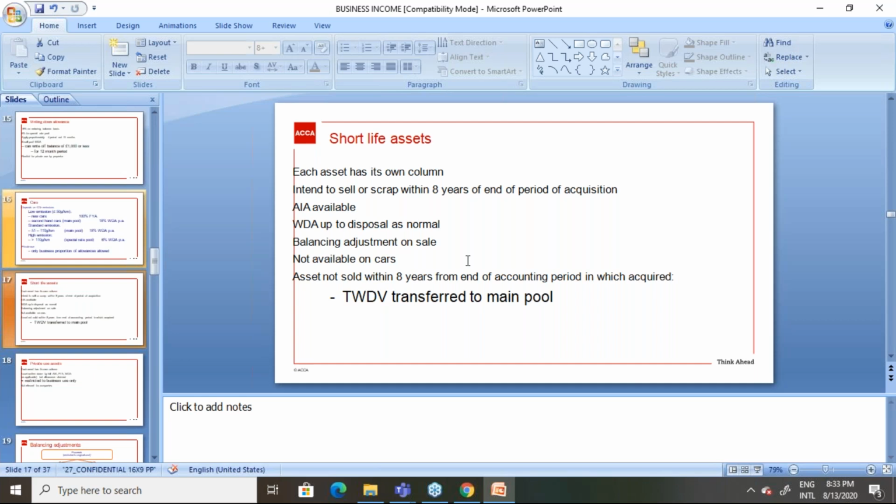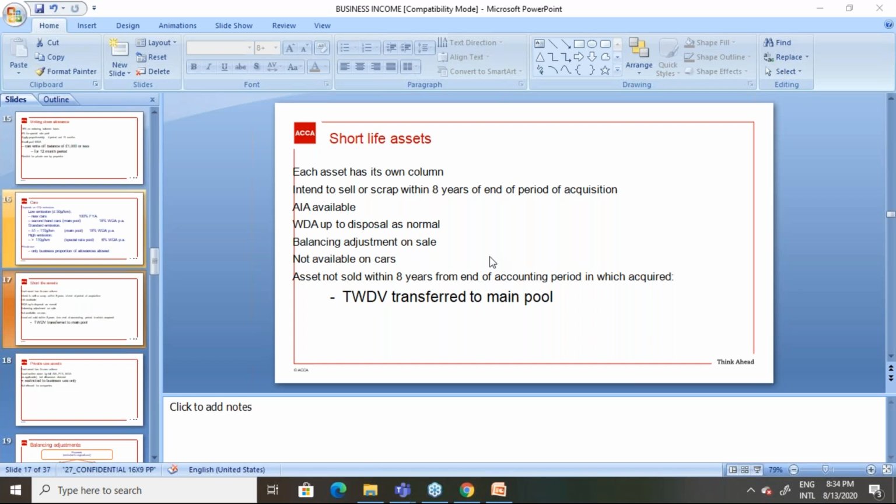Short life assets are assets normally included in the main pool, but since you intend to sell them within a period of 8 years, you maintain a separate column and claim normal WDA at 18%. At some point, if you sell the asset, you will have either a balancing allowance or balancing charge.